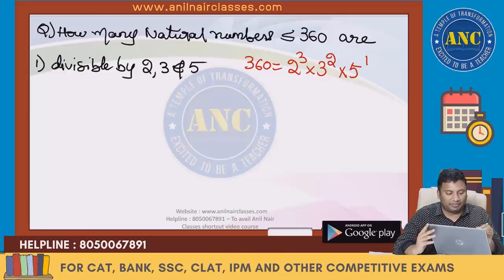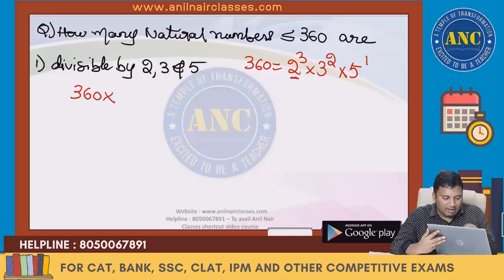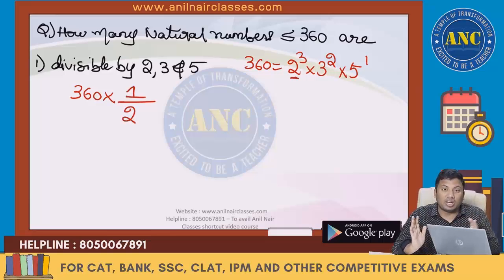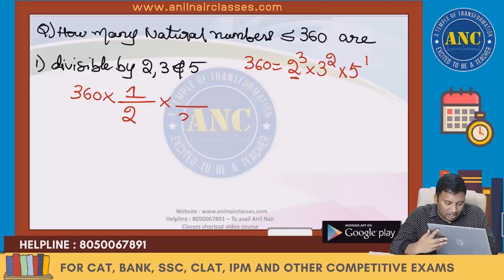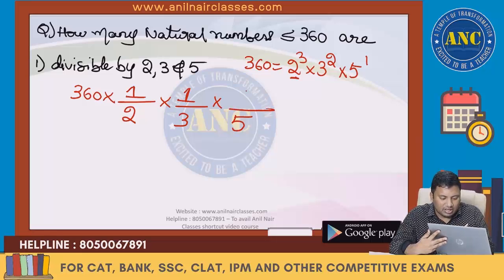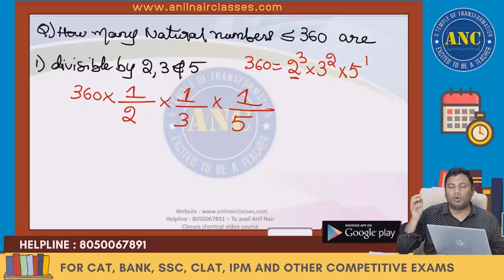Divisible by 2, 3, 5. For every 2 numbers, one number is divisible. For every 3 consecutive numbers, one number is divisible. For every 5 consecutive numbers, one number is divisible. Only if it is not divisible, I would do 1 minus 1 by 2, 1 minus 1 by 3, 1 minus 1 by 5. The question here is divisible.